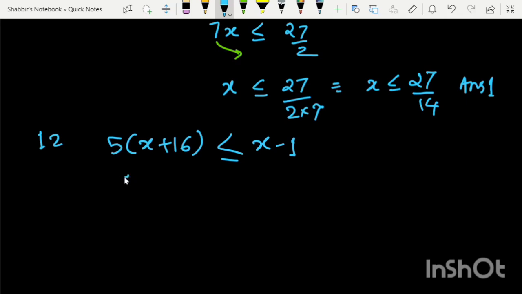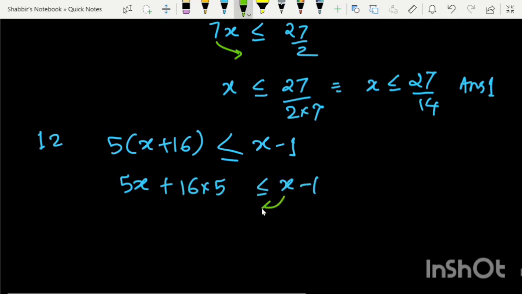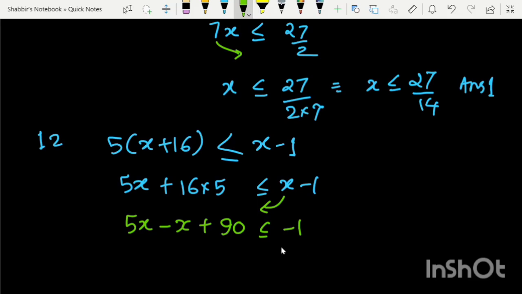So 5 gets multiplied inside, so it becomes 5x into 5 into 16 less than or equal to x minus 1. Now x will go this side, it becomes minus x, 16 into 5, it is 90, less than or equal to minus 1.